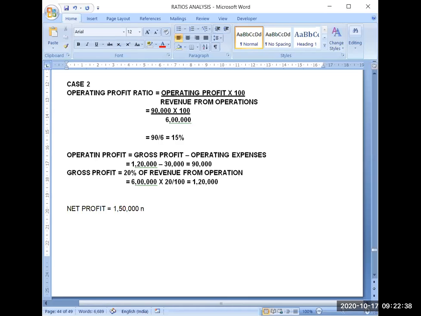Then the question has given you, suppose, non-operating income rupees 70,000, and the question has given you non-operating expenses rupees 40,000.